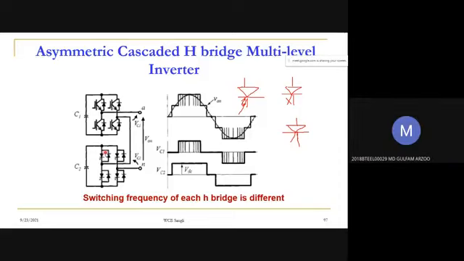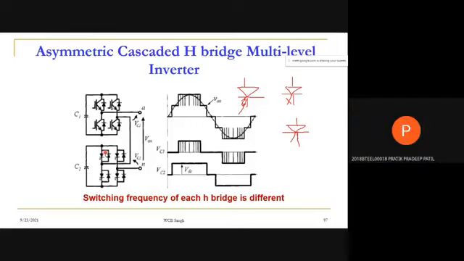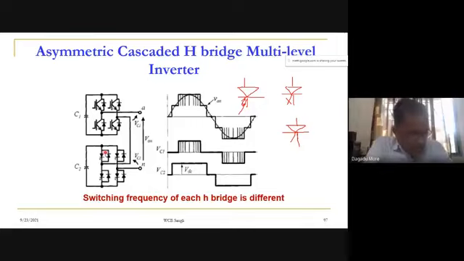Yes, sir. So what is the purpose of reactive power compensation? Why is reactive power compensation required? Why at a particular bus do we have to provide reactive power? We have to provide the reactive power to support or maintain the voltage of that particular bus. So reactive power compensation is required to maintain the voltage profile.